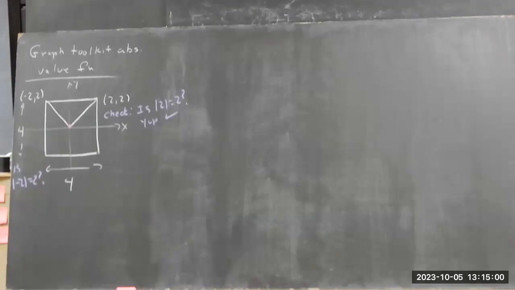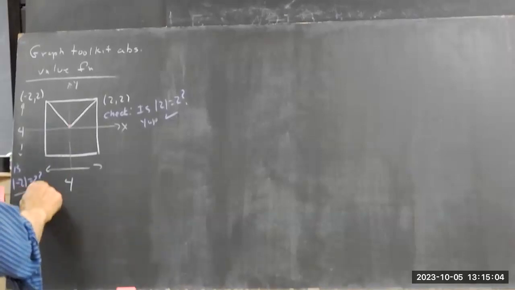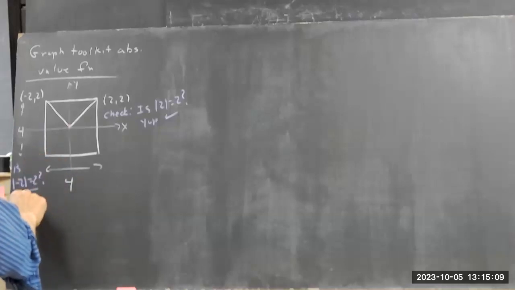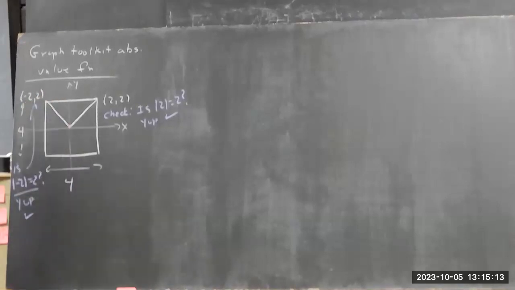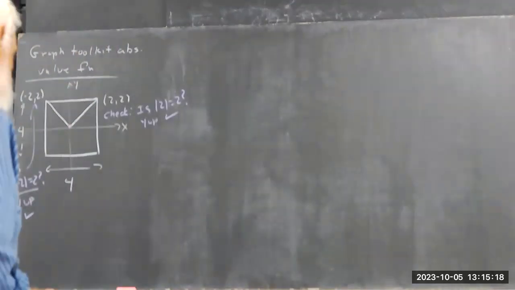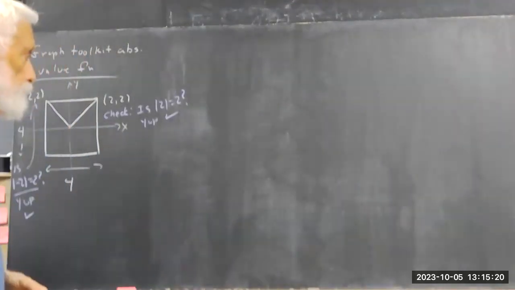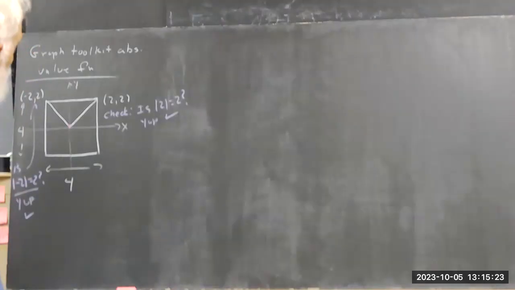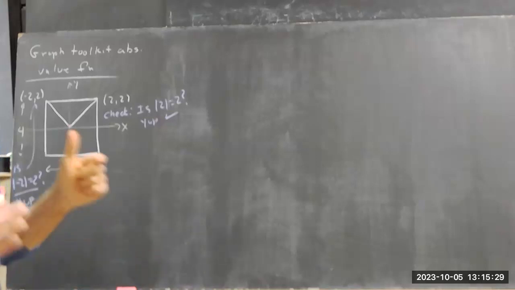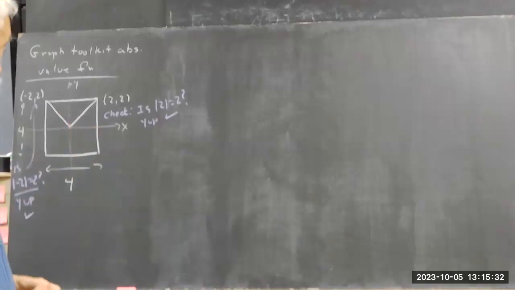Oh, yeah, absolute value is just the magnitude of the number. From the number line, how far you are from the origin. So there we go. So you can estimate the absolute value of any number, but you know what it is anyway. It's just going to be the number without any negative.